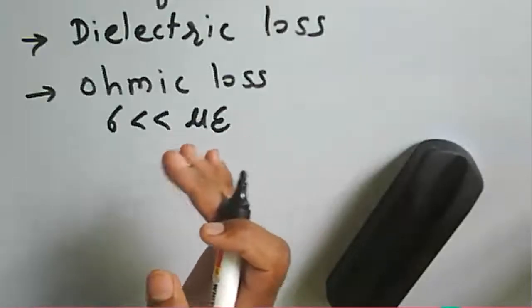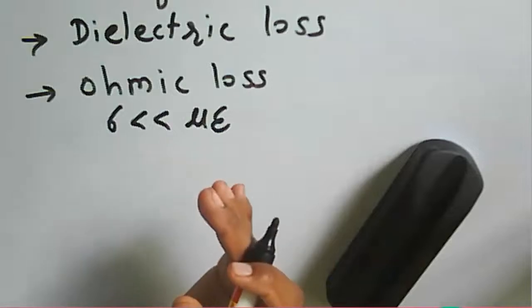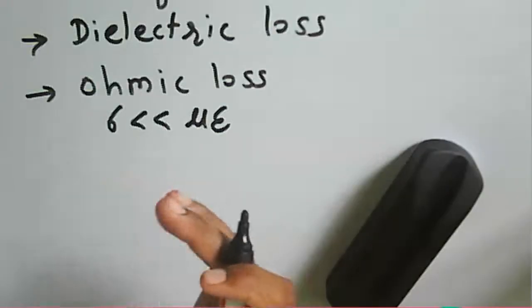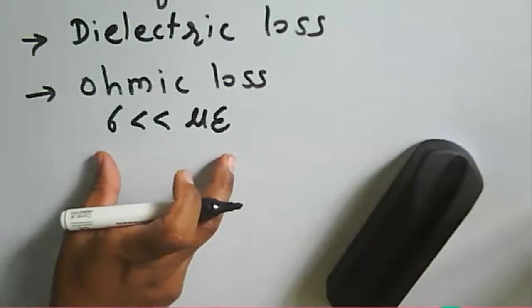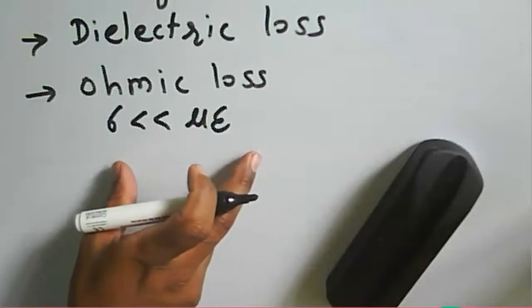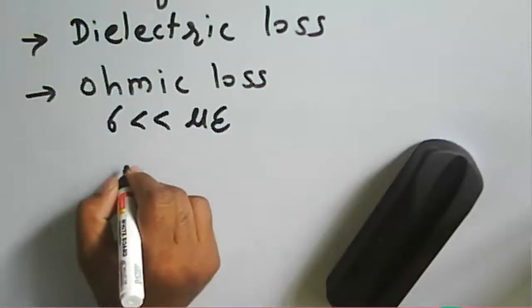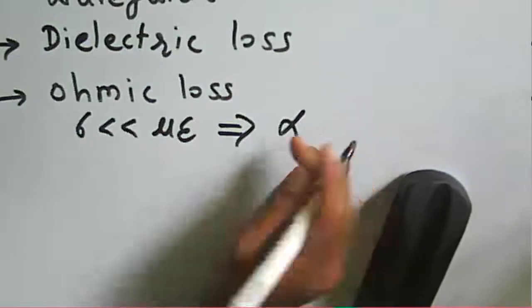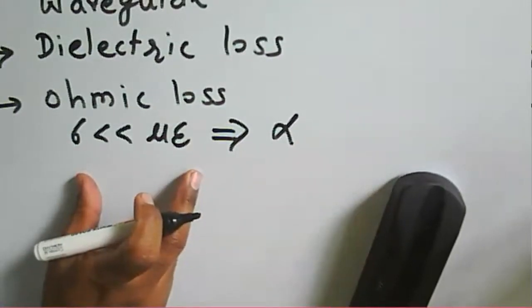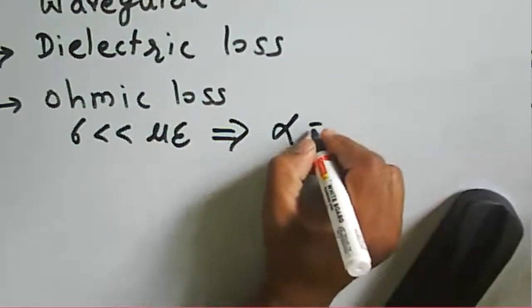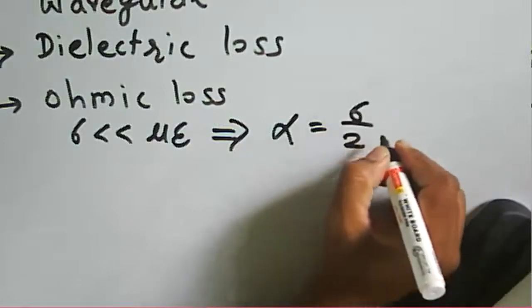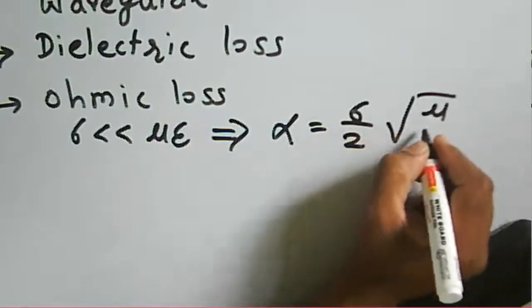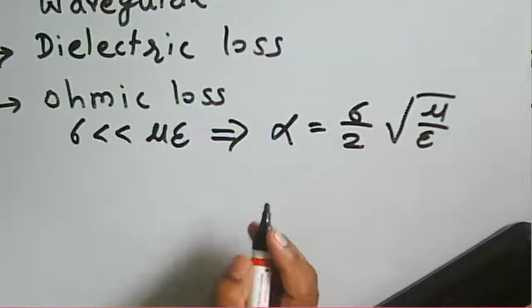If the wave is propagating in space or in a particular plane, where the medium has sigma very, very less than omega epsilon, in that case the loss for this given medium is equal to sigma by 2 under root of mu by epsilon.